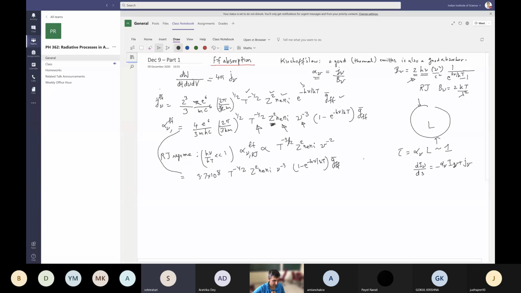So this should be centimeter inverse. I think this is in CGS units. Let me actually check the book. It does not write the unit, but I think it is. Oh yeah, he says it's in CGS units, so it's centimeter inverse.